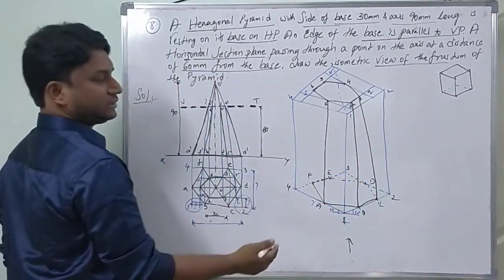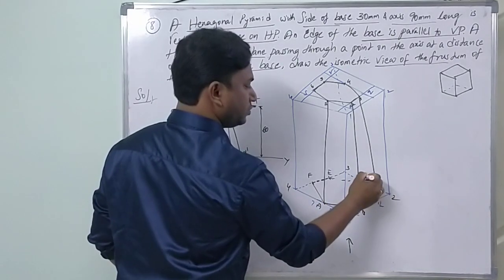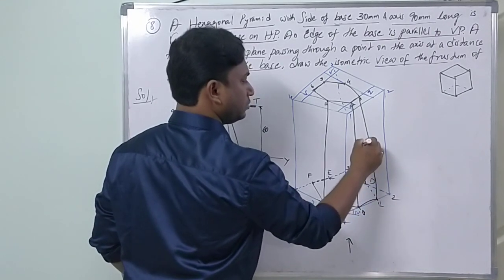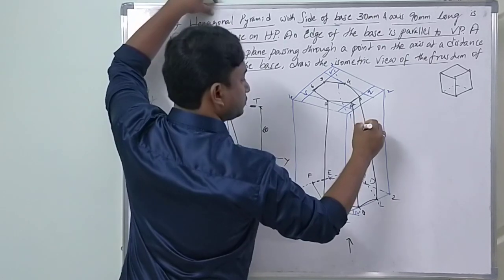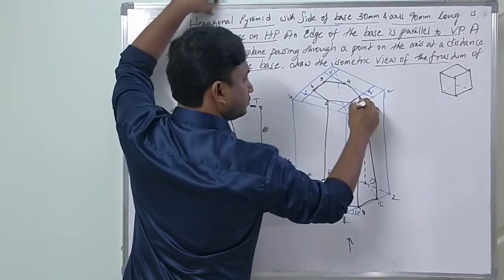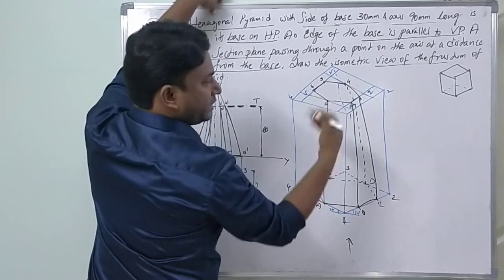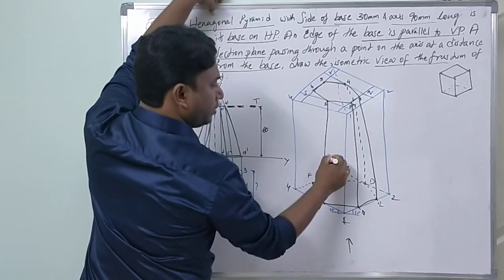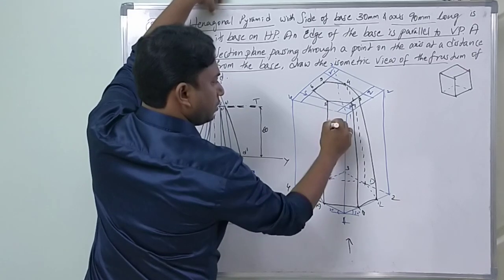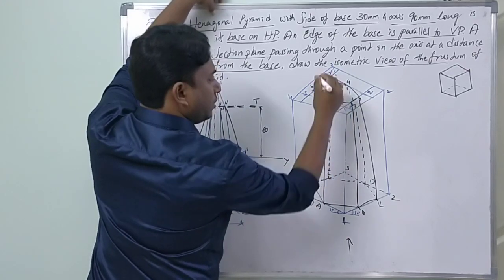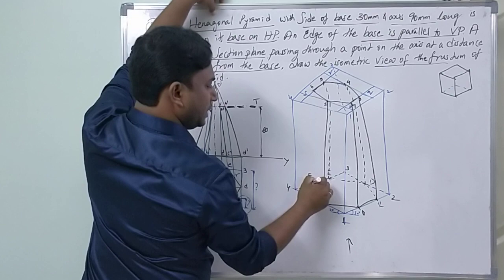You can clearly see this, right? So that's what you are supposed to do. E to 5, it's a backside. Clearly you can observe, and you can draw a hidden line. From F to 6, it's clearly visible.